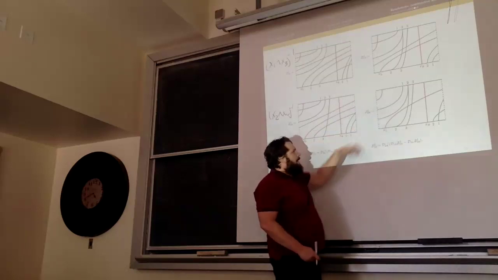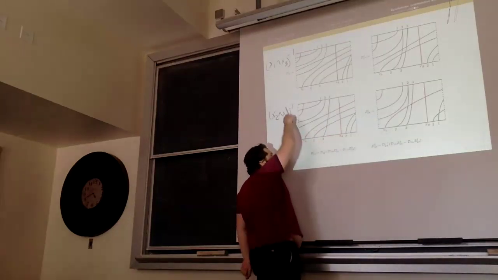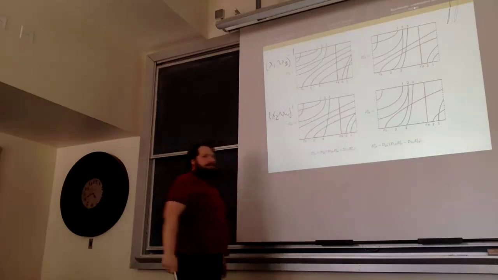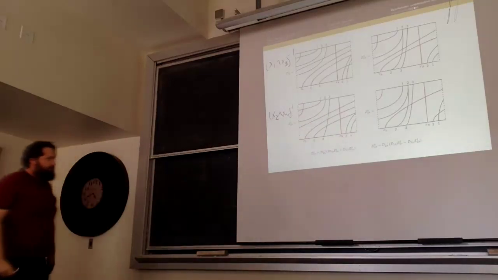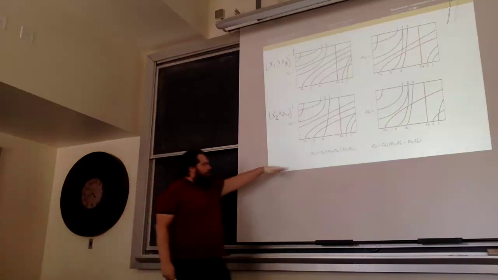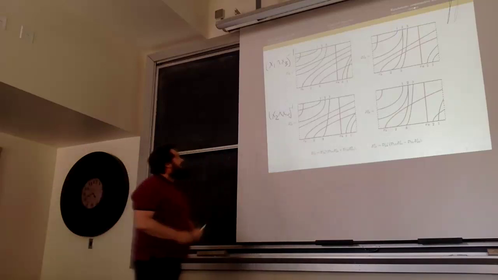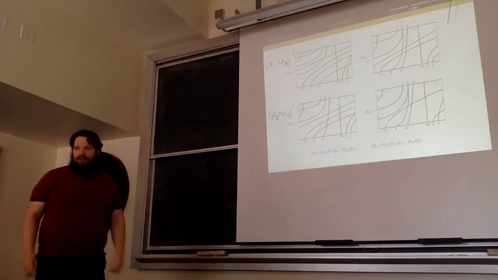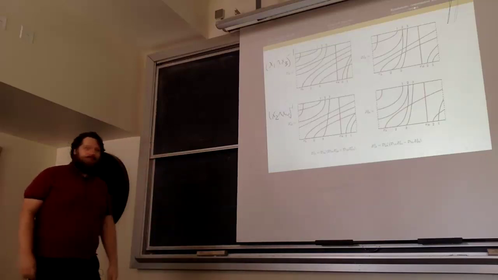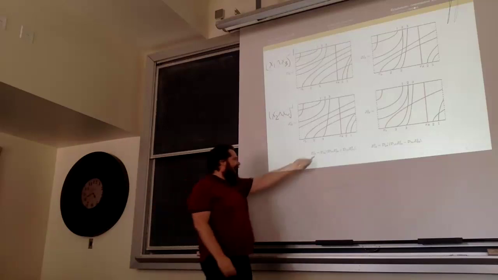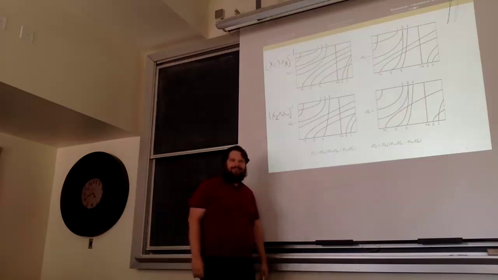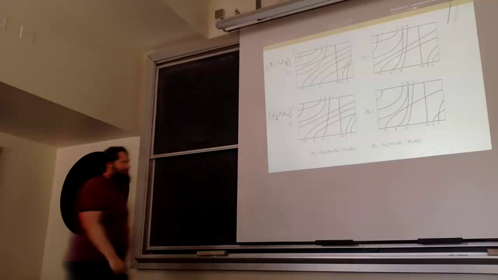These are generators of the rank 2 trivial bundle on one patch. These are generators of the rank 2 trivial bundle on the other patch. And then you look at what algebraic relations they satisfy. And in this case, this is the one that gives me the tautological bundle. So I go back, I look up some Plücker coordinates, and I say, aha, this is the transition function for the tautological bundle between these two coordinate systems.